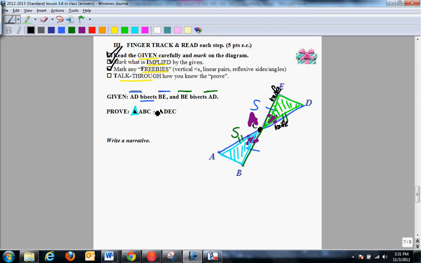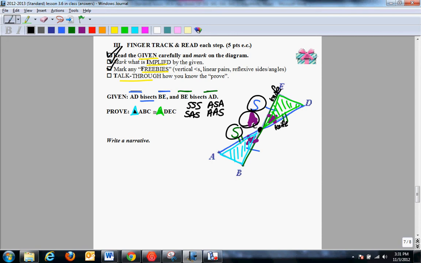So when we try to prove triangles congruent, we're looking for these shortcuts: side, side, side; side, angle, side; side, angle, side; and angle, angle, side. So step 1, we see that already we have side, angle, side here, which means the triangles are congruent.